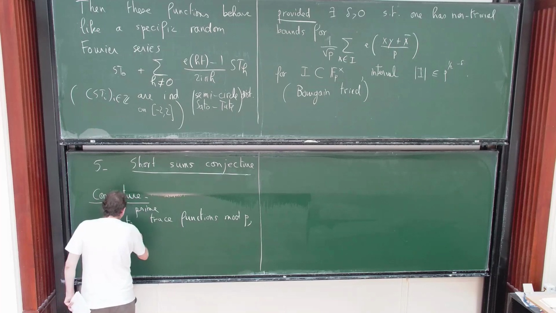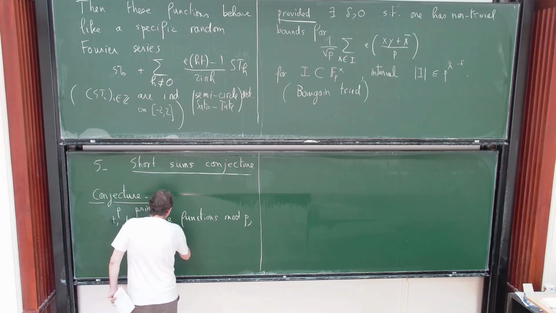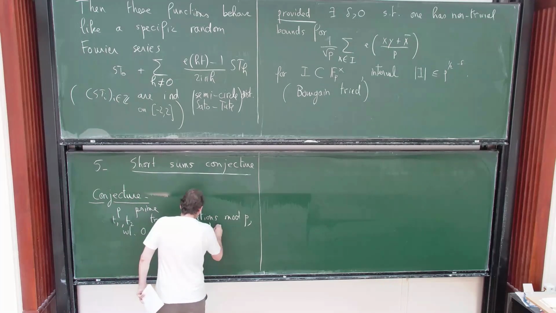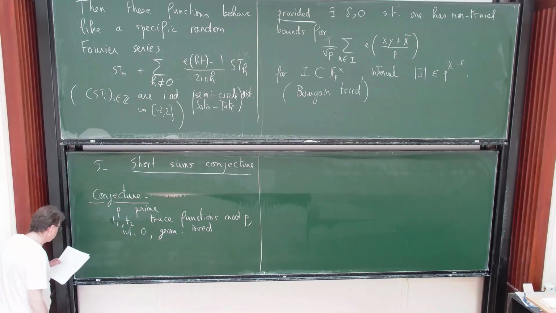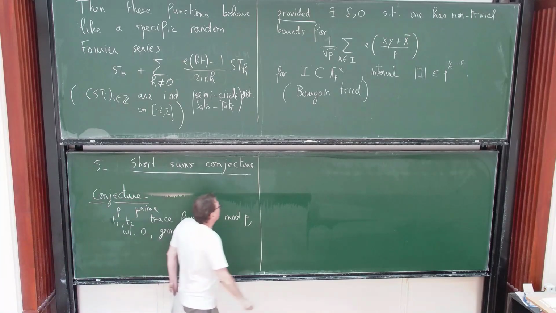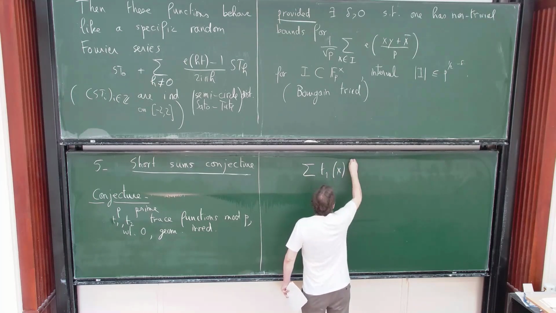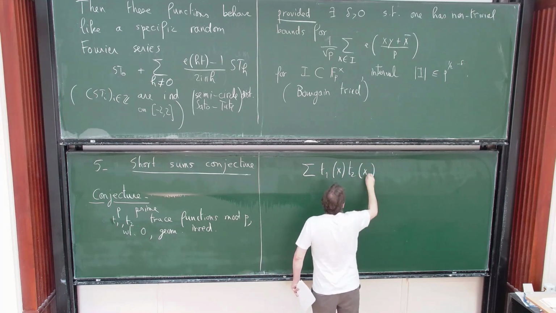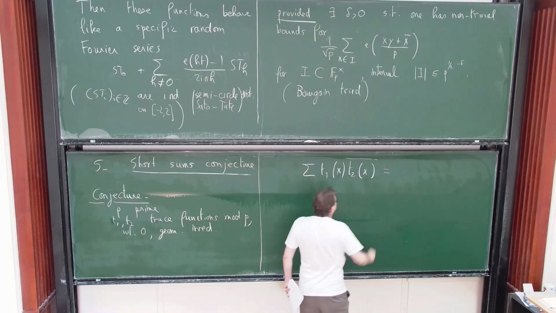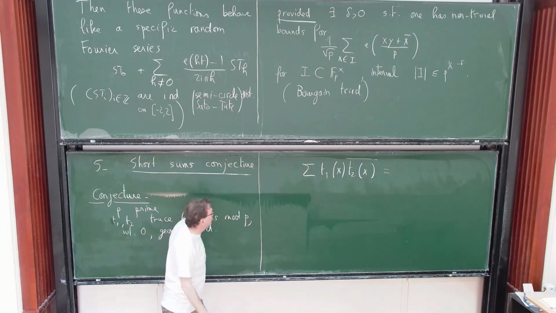Let's say they are weight 0, geometrically reducible. Okay, and so what we want is conditions that ensure that we have the same dichotomy, correlation or cancellation.